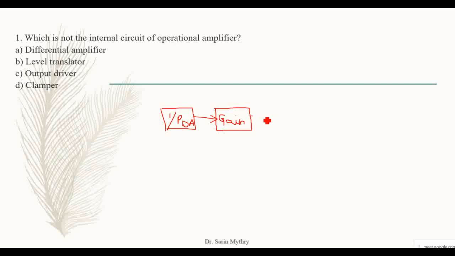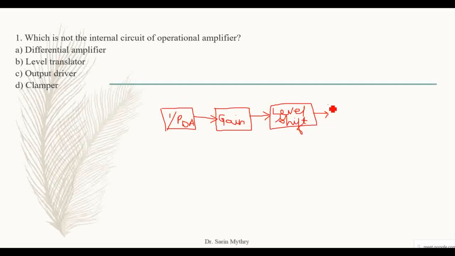After that, you will go for a level translator or level shifter. The next one will be the output stage, the final stage of your operational amplifier.